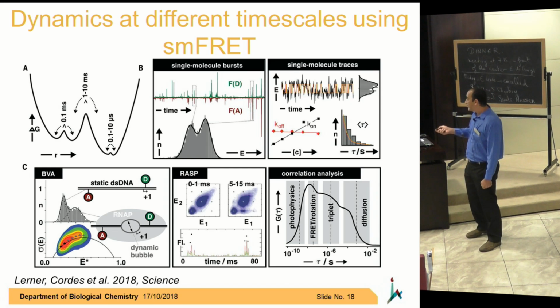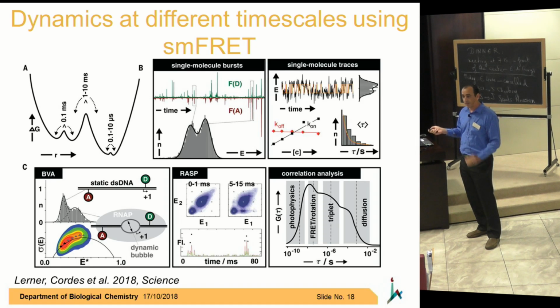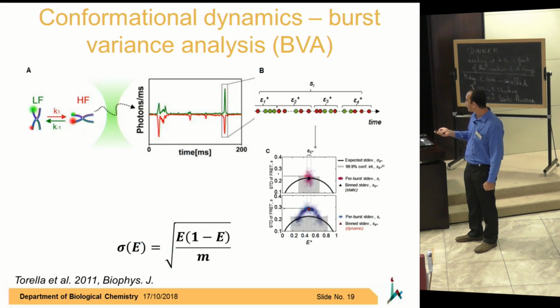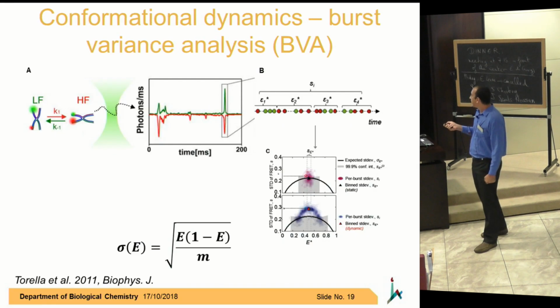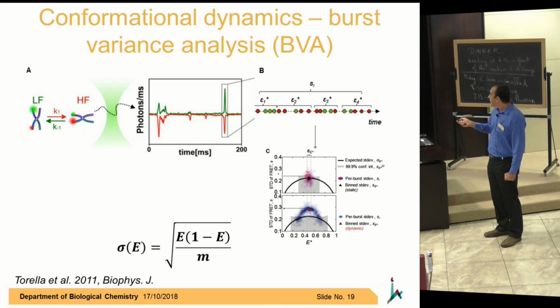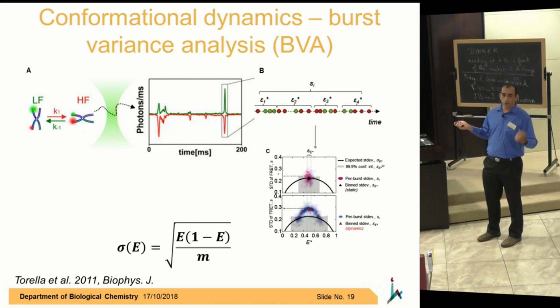One approach I like, still qualitative, but it's a single-molecule and direct approach, is burst variance analysis. Burst variance analysis is the following. This is just binned data. What you really get is a sparse time series of green and red photons. Let's say that you have 30 photons here.